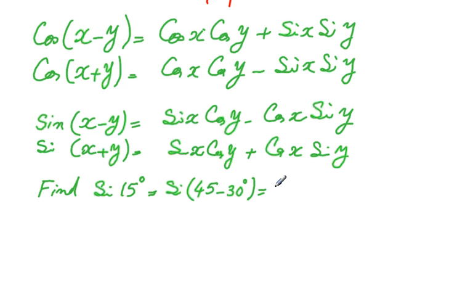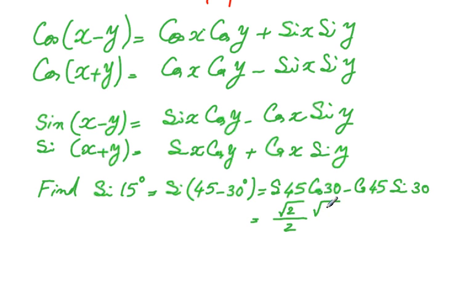And what this identity says is take sine of the first, cosine of the second, minus cosine of the first, sine of the second. Hopefully by now we are up to speed with these. What was sine of 45? Radical 2 over 2. Cosine of 30, radical 3 over 2. Cosine of 45, radical 2 over 2. Sine of 30, 1/2.